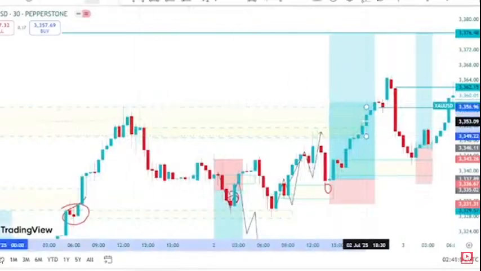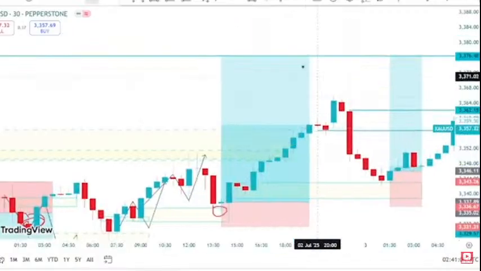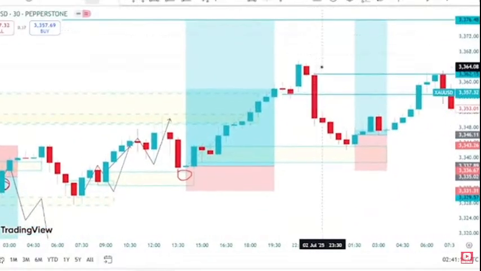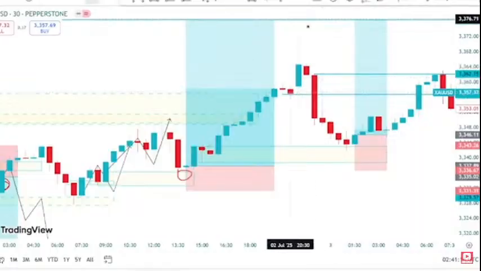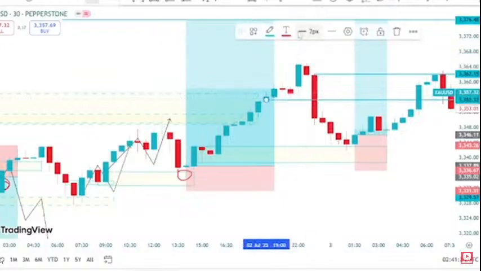Let me say this entire structure, breaking above this area, anticipating the market to tap your target from this area. Then the market rejected from the high. If you had to secure some profit, you had to think about locking some profit below this area.